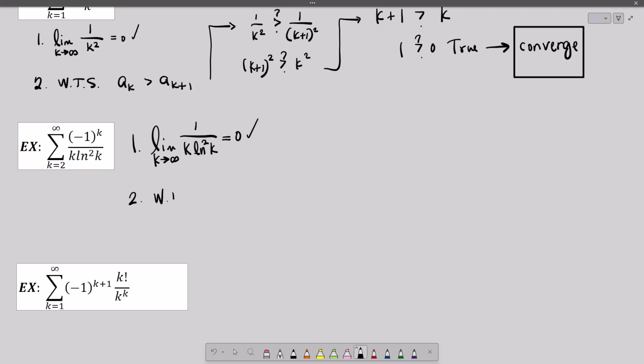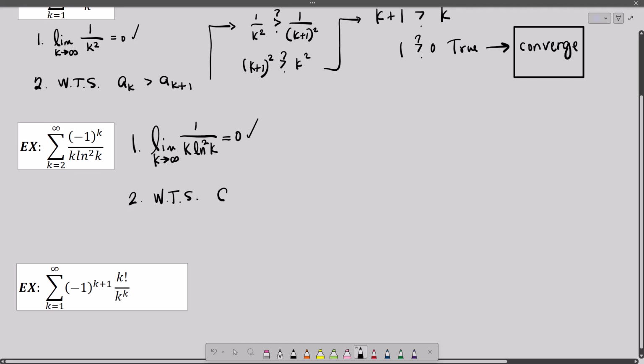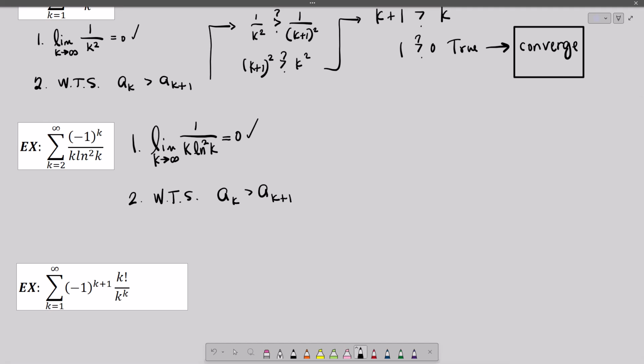So we want to show that the sequence of magnitudes is decreasing. A sub k is 1 over k natural log squared of k. Now if we plug in a k plus 1, this is going to get a little ugly. k plus 1 for each of the k's.